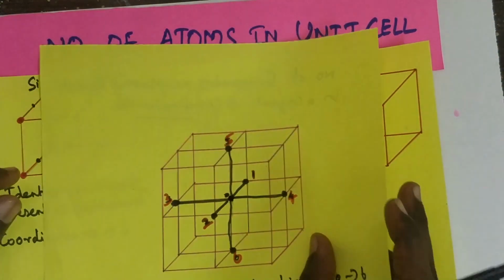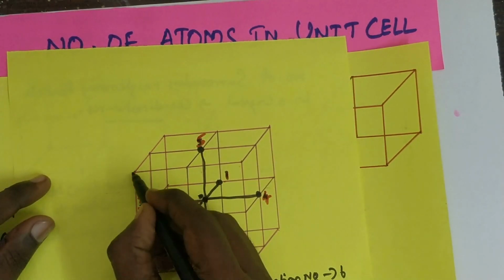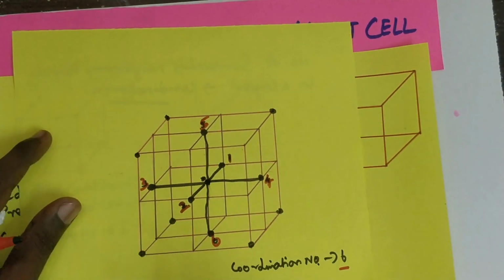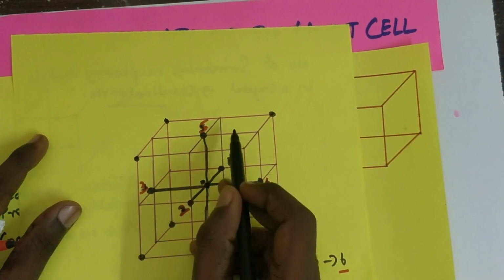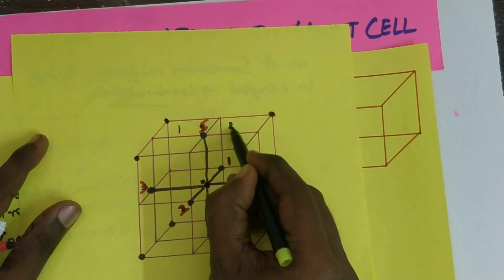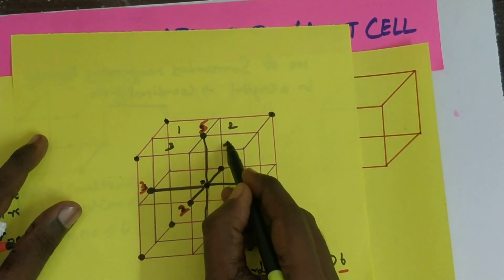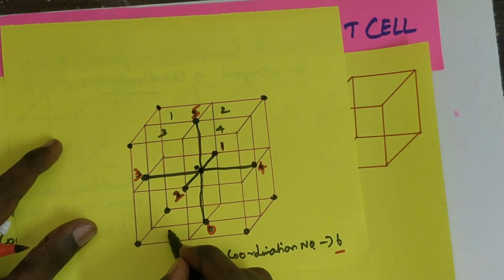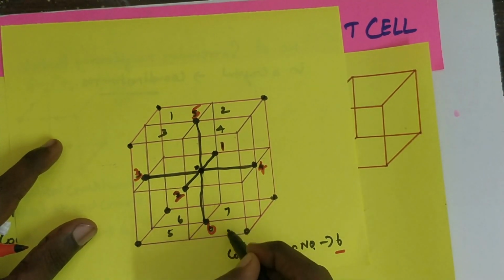Another important point is that in this simple cubic unit cell, each corner is shared by 8 unit cells. I will show. The top one is 1, 2, 3, 4. These are the 4 unit cells. Then at the bottom we have 4 more, 5, 6, 7, 8.